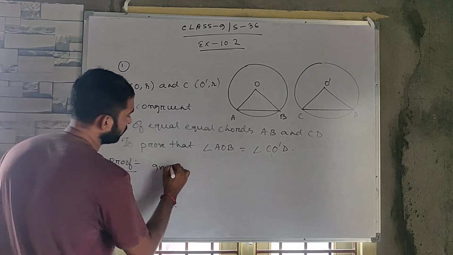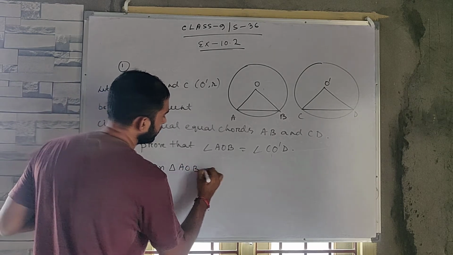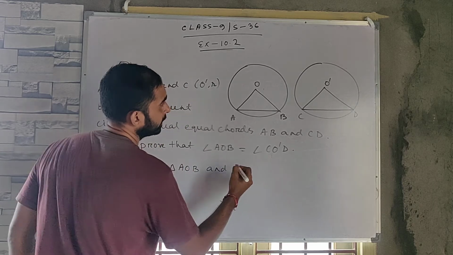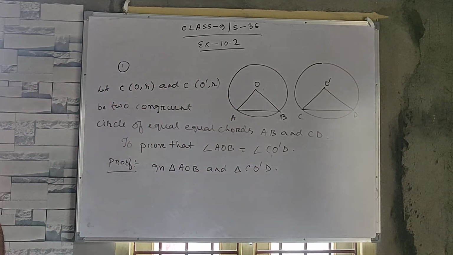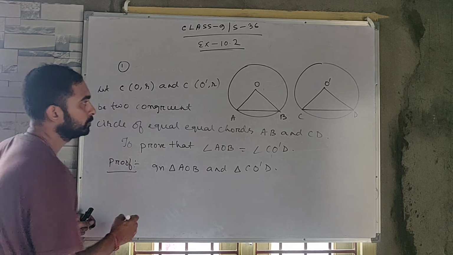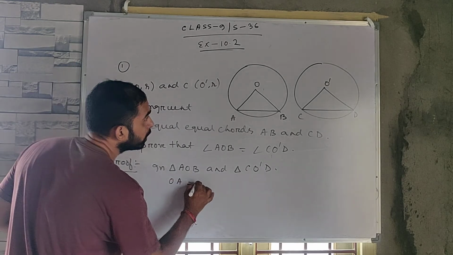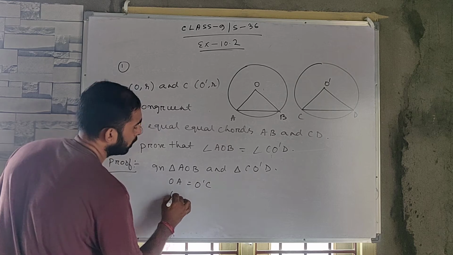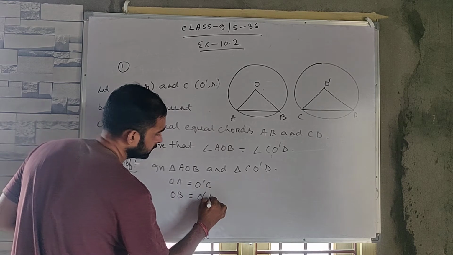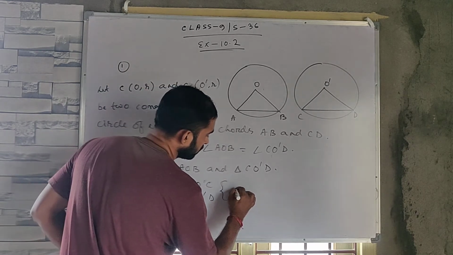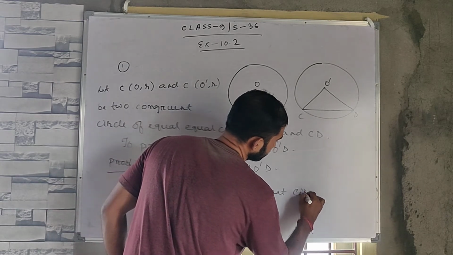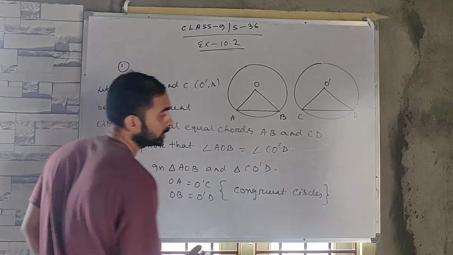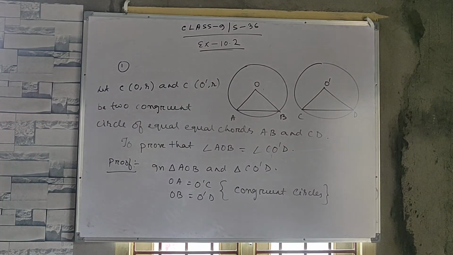In triangle AOB and triangle CO'D, OA equals O'C, OB equals O'D, because the circles are congruent. If two circles are congruent, then the radii are also equal.